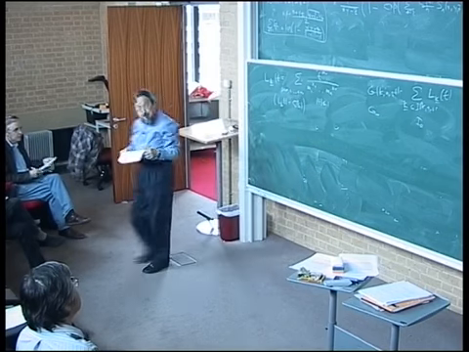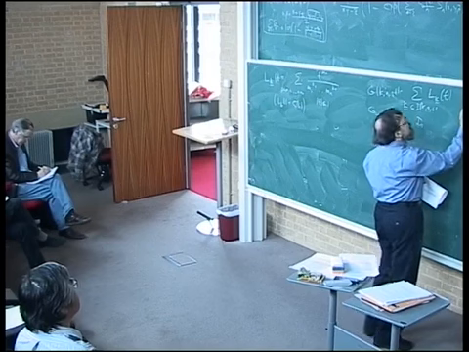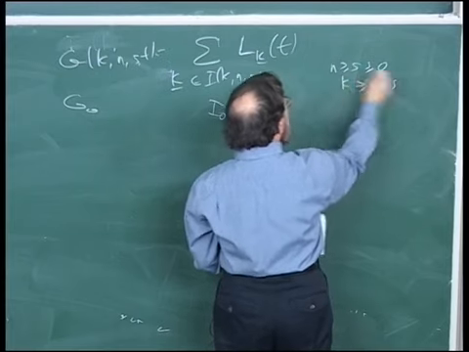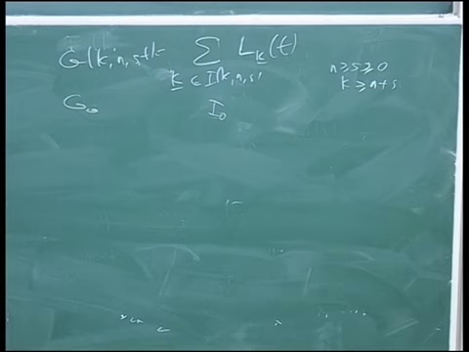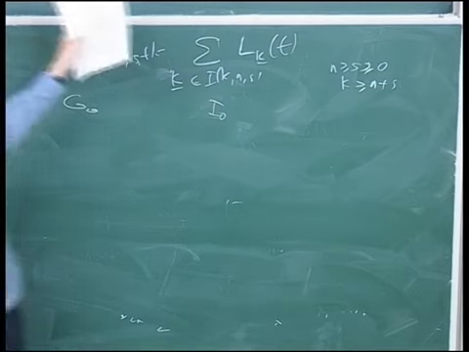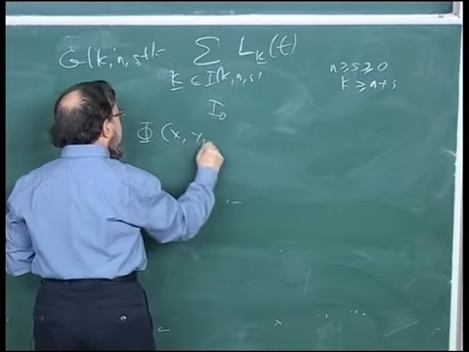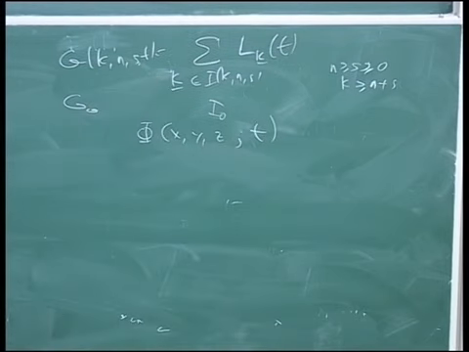So now I can have this larger set, which I'll call I, with the same conditions as before: k greater than or equal to n plus s, n greater than or equal to s, but now s is allowed to be 0. So I allow myself slightly more freedom. And then I can make the same generating function as before. So I have a phi of x, y, z, and t, by the same generating function as before, but with these new things.